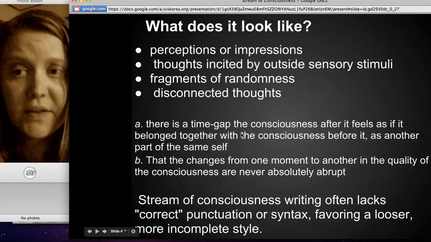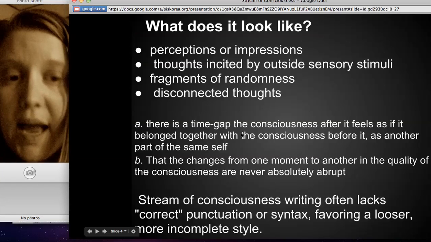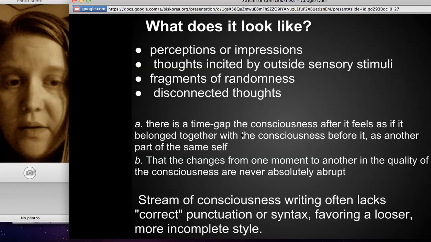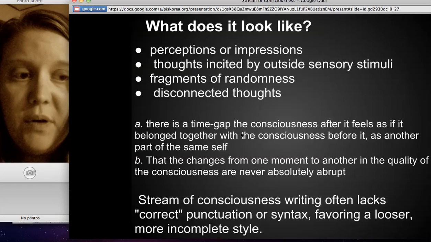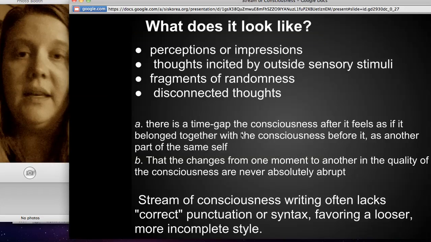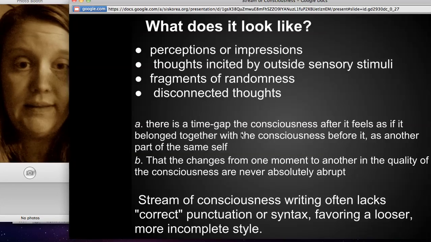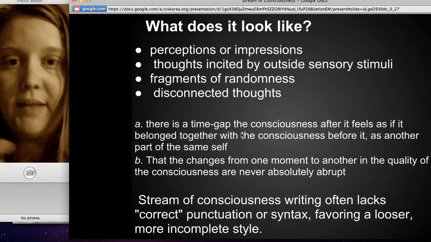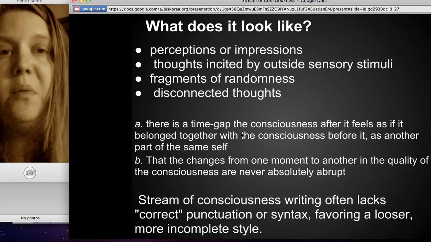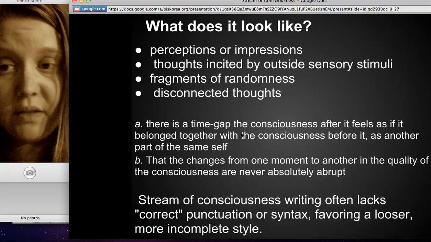So, to understand a little bit better, there is a time gap, the consciousness after it feels as if it belonged together with the consciousness before it as another part of the same self. So basically what that means is that in this person's mind, all this randomness, all these disconnected thoughts, they come back together. Again, they go around and it will bring that person back to where they started.